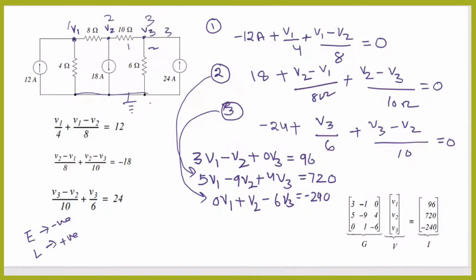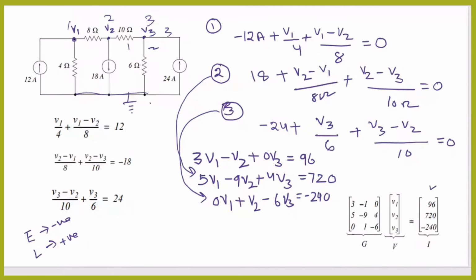And after simplification of these equations, to solve for V1, V2, V3 values, what we have to do is write it in matrix form. So the coefficients of V1, V2, V3 are written as one matrix, and the constant values will form one matrix.